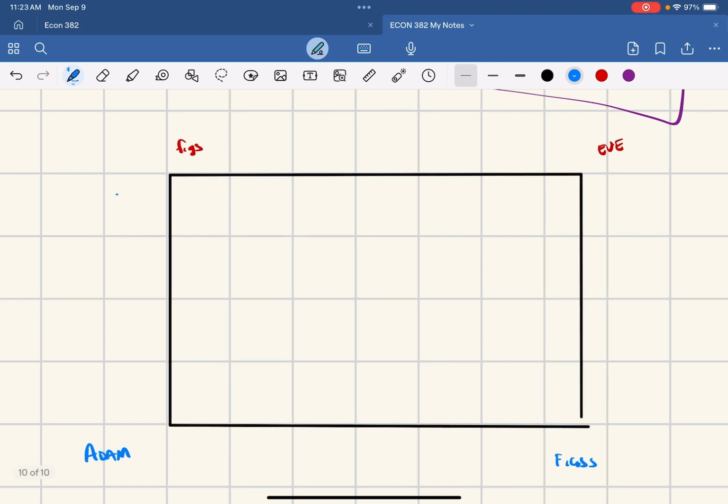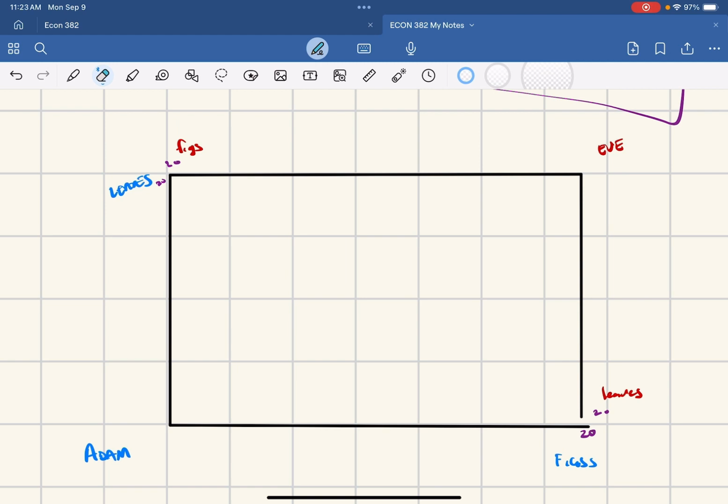This vertical distance is the number of leaves that Adam consumes, and this distance here is the number of leaves that Eve consumes. Now, because we know the total supply in the economy, we know that there are 20 figs that Adam can consume at most, and 20 figs that Eve can consume. There are also 20 leaves that each of them can consume. That's the total endowment.